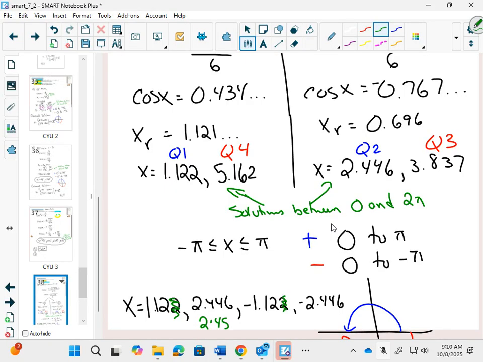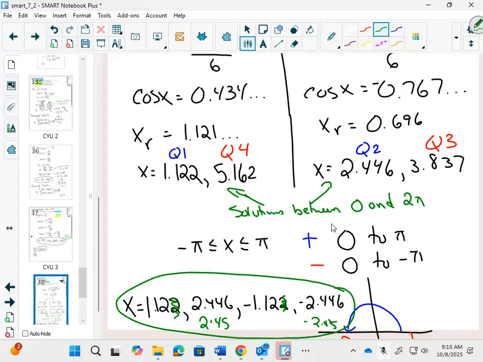Don't need that extra 2, and this is negative 2.45. There we go. Struggled a little bit with the rounding. But it shows you that there are so many little details that they're looking for. So you do something and read it over to check for those little details.